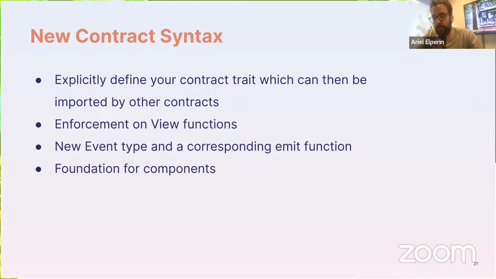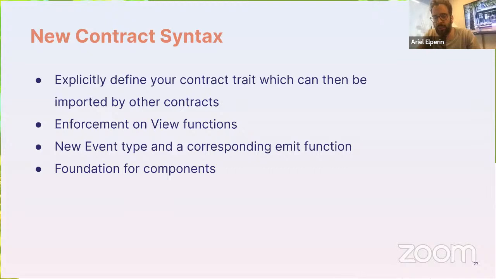And finally, there's the foundation for components. Components are not in this version, but the new syntax is what will allow us to introduce components in a non-breaking way, which is a very critical feature in the language. In a few words, a component is basically using functionality defined externally in my contract.